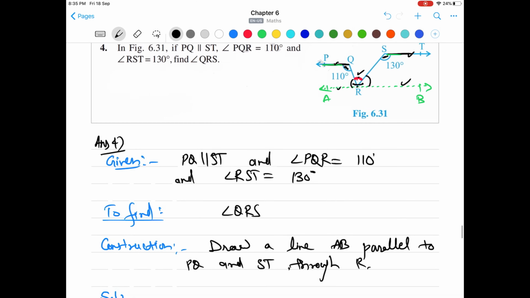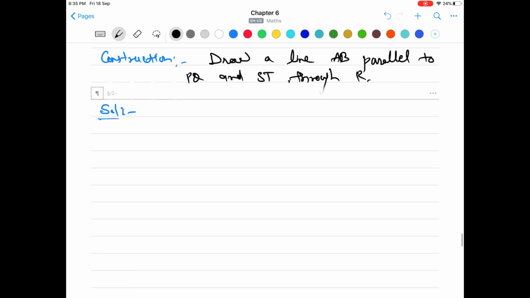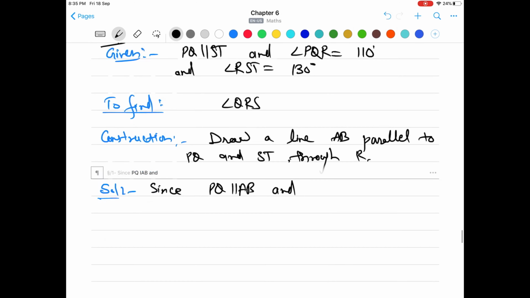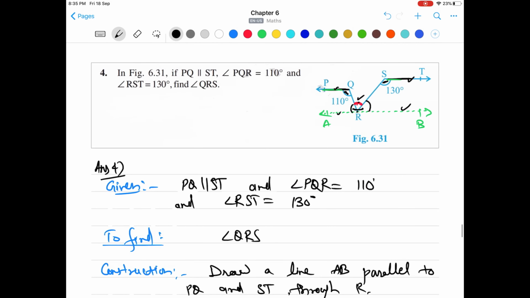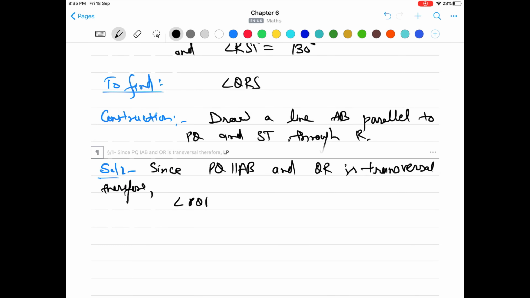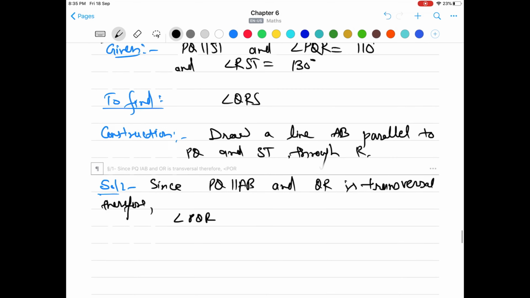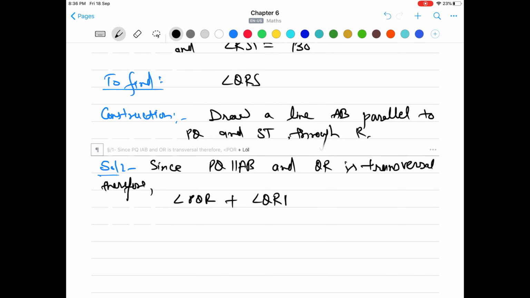Okay, so let's start its solution. So first we'll write, as AB is parallel to PQ, since PQ is parallel to AB and the transversal is QR, therefore the sum of angle PQR and angle QRA has to be 180 degree, and this is by theorem 6.4.